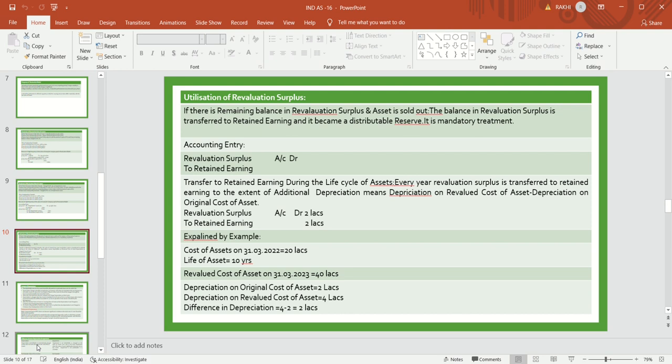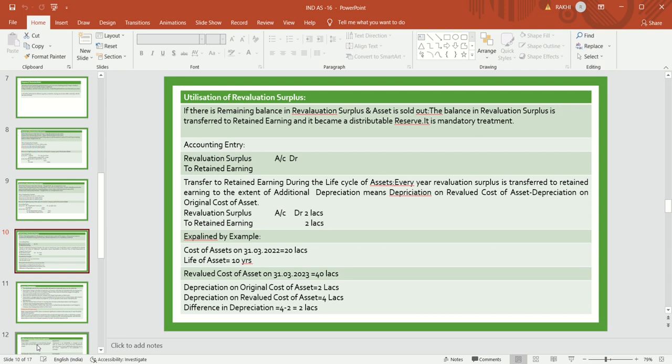Suppose the cost of the asset as on 31st March 2022 is 20 lakhs and the life of the asset is 10 years. It will be revalued on 31st March 23 to 40 lakhs. The depreciation we will charge on the original cost is 20 divided by 10, that is 2 lakhs.